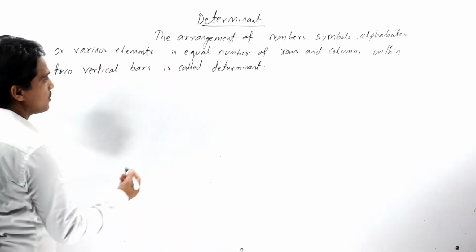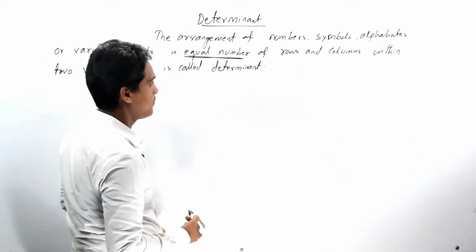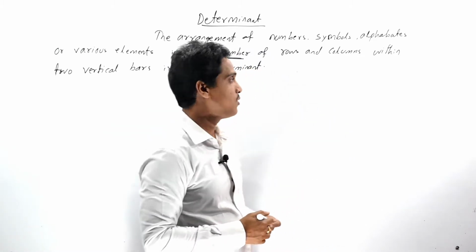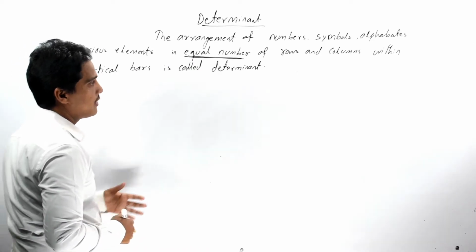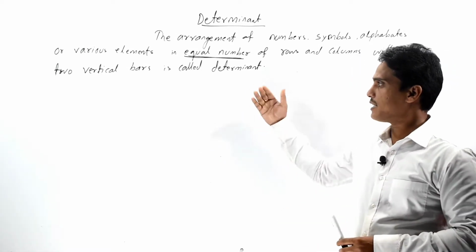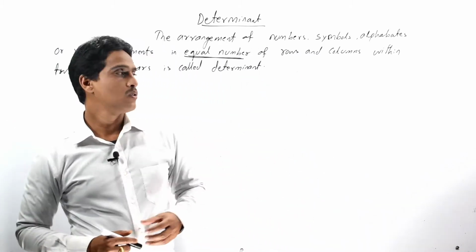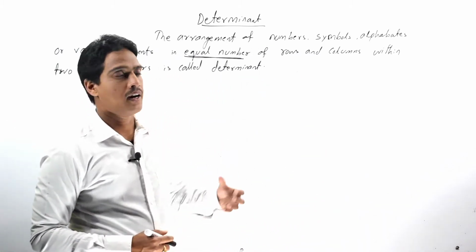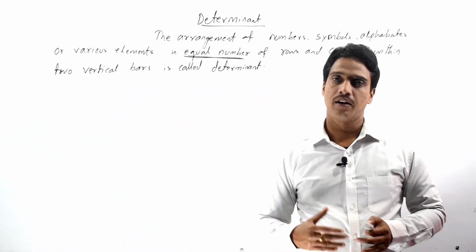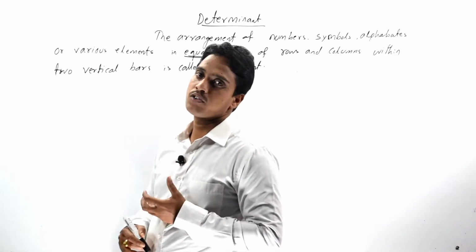That means we arrange the elements in an equal number of rows and columns within two vertical bars, one on the left and the other on the right. Such an arrangement may be made in 2 into 2 order, or 3 into 3 order, or 4 into 4 order, and so on.